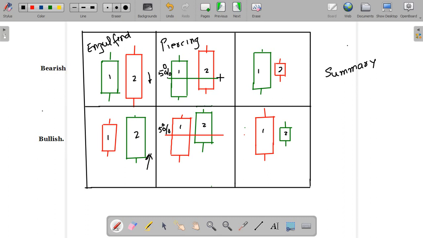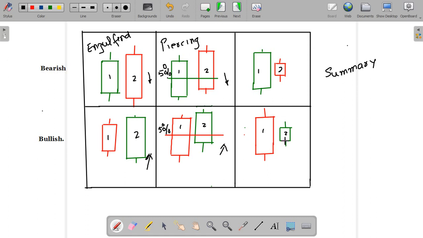It is piercing the line here. So the market will fall here, at the top of the trend. And if you see here, there is a gap up opening, it is closing above, and piercing 50% of the previous candle. The market will go up here.